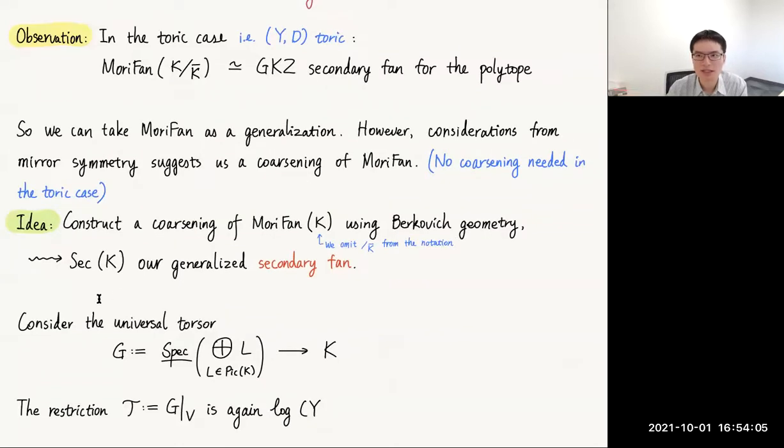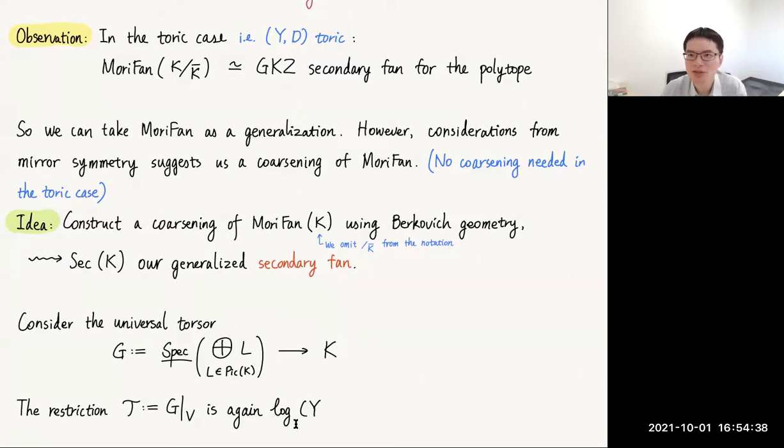Okay, so for this, we consider the universal torsor G over K, which is just the relative spec of a direct sum of line bundles. And we see that T, which is G restricted to V, is again log Calabi-Yau.